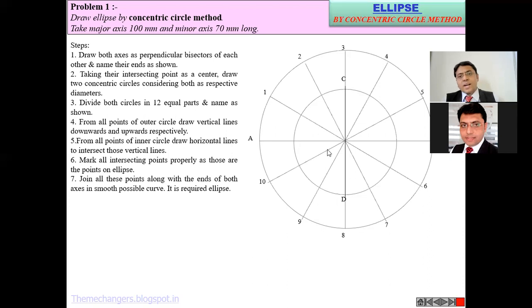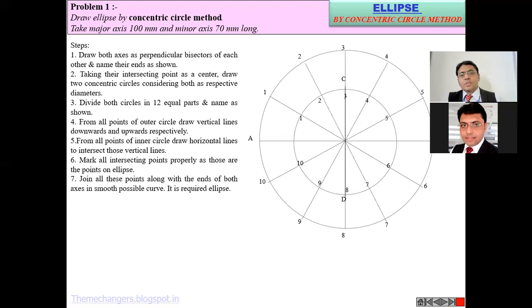Both circles are divided into 12 equal parts, named as shown here. Why do we call this the concentric method? Because both circles are drawn from the common center. Both axes are perpendicular bisectors of each other, with their ends named as shown.